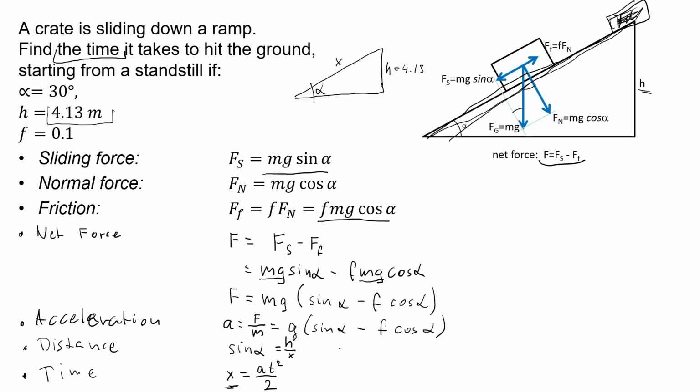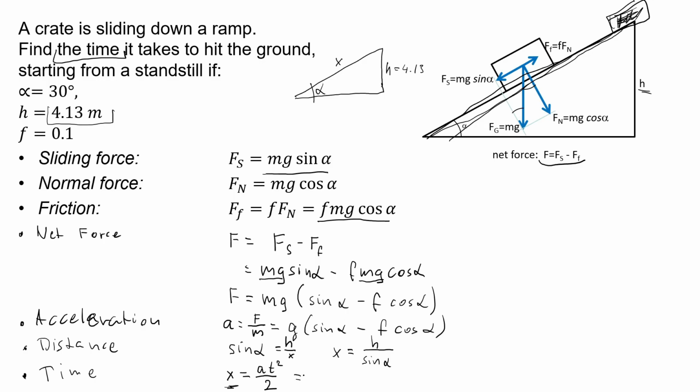And from this formula, x is h, the height of the inclined plane, divided by sine alpha. All right, so we know x, we know a, we just need to find t.